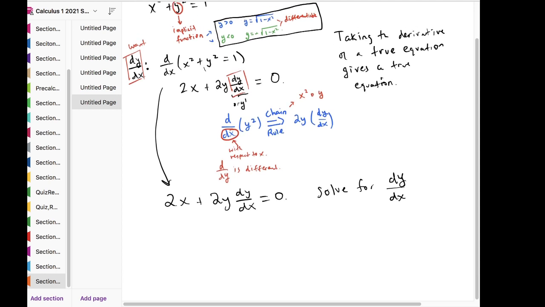Okay, how do we solve for dy dx? Yep, subtract 2x, and then what? Yeah, put that over 2y.